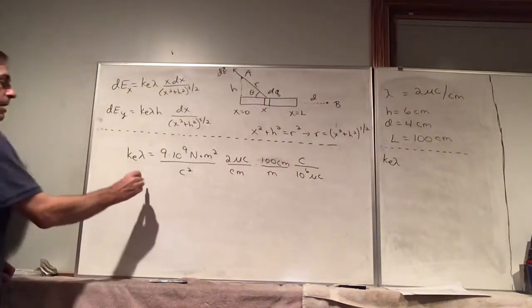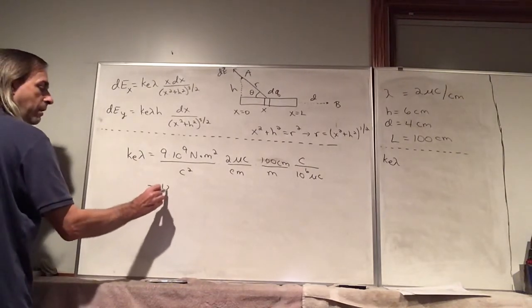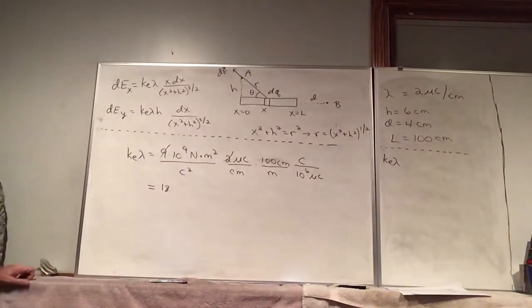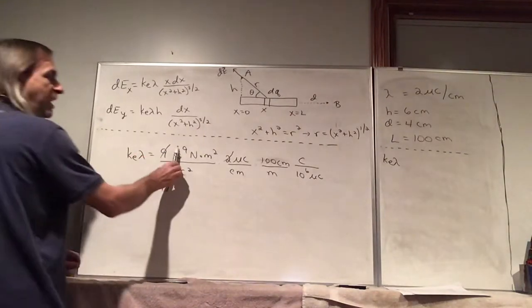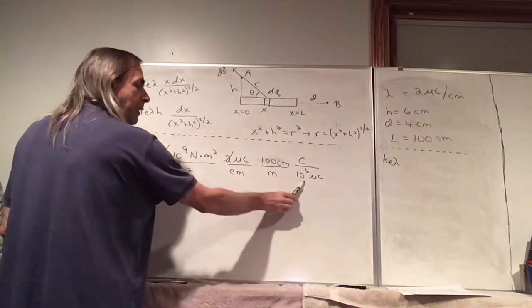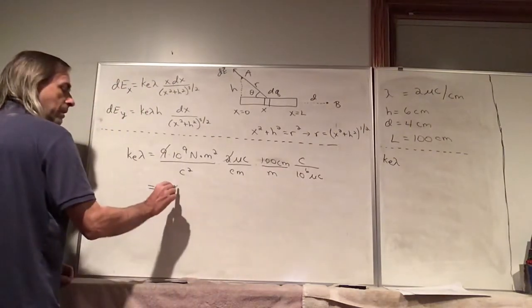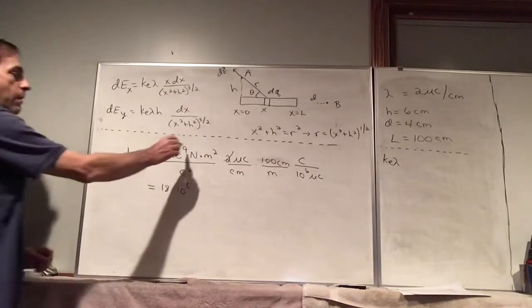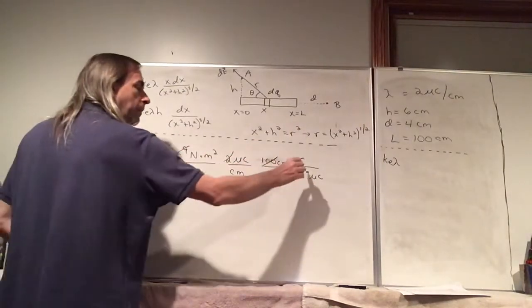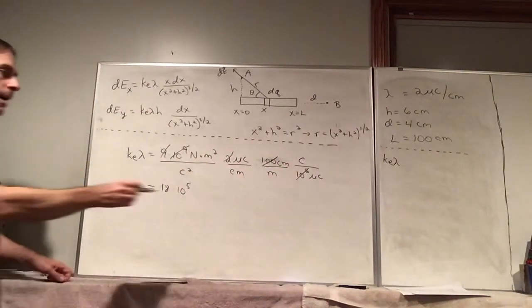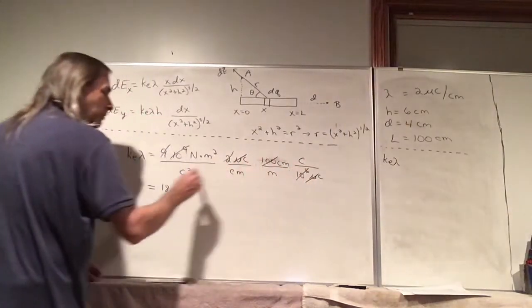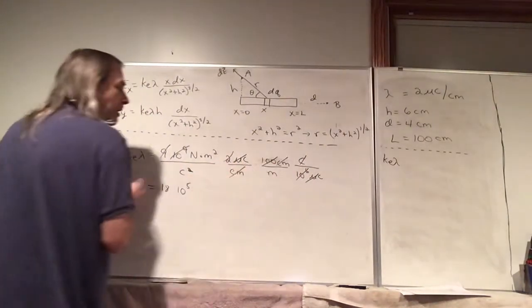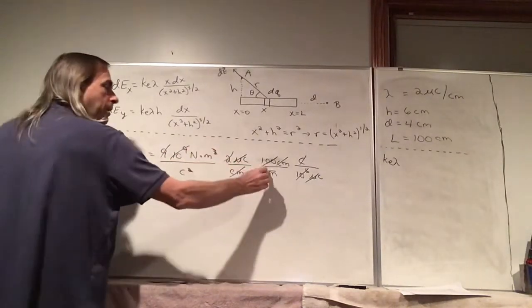This is going to be an easy calculation actually. We have 18, so just 9 times 2. Here we have 10 to the 9, 10 to the 11 divided by 10 to the 6. So that's times 10 to the 5th. Microcoulombs are going to cancel. One of the coulombs is going to cancel, and centimeters, and one of the meters.